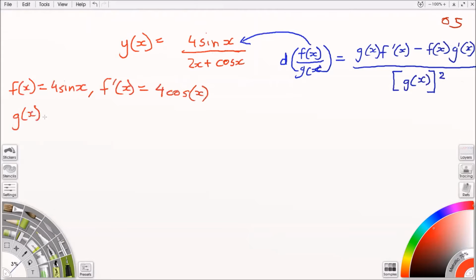g of x, that's our g of x, what's down the bottom. I want it to be blue. And that's 2x plus cos x, and then the derivative of g of x.